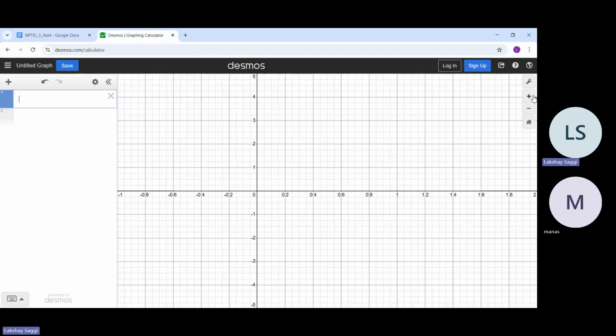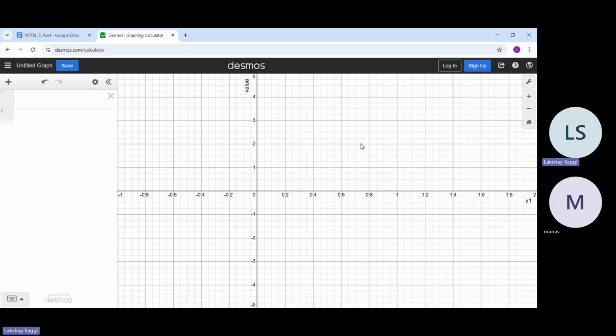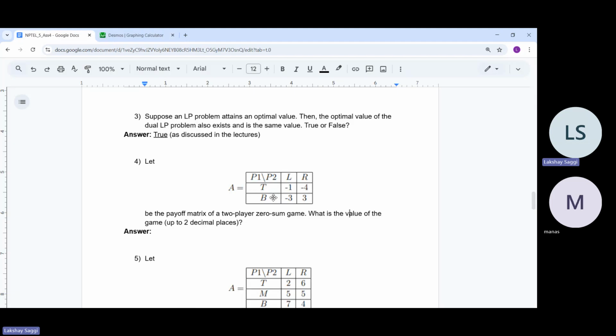On the x-axis I'll have, maybe I should label my axis, the x-axis is just my y1, and the y-axis is just the value of the objective. So if my y1 was 0, then the value was minus 3.